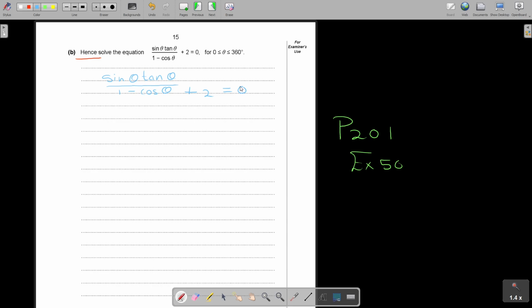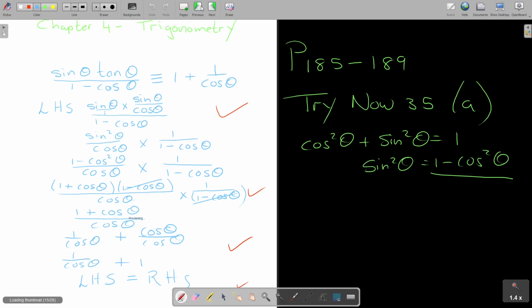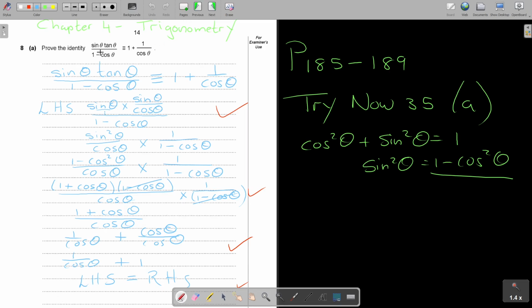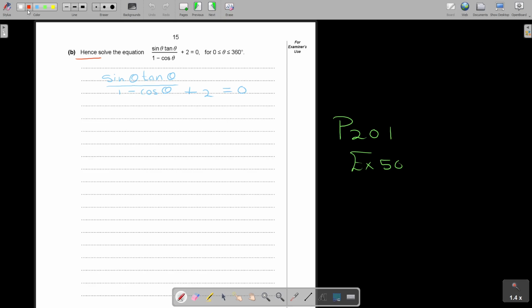Okay, so if I go to the previous page, let's just compare. I say that in the place of this, I can write this. Do you see? 1 plus 1 over cos theta. So in this place, I'm going to write 1 plus 1 over cos theta, plus 2 equals 0.